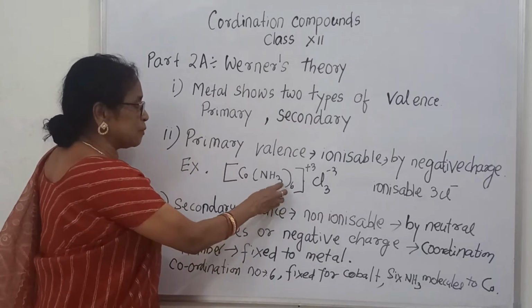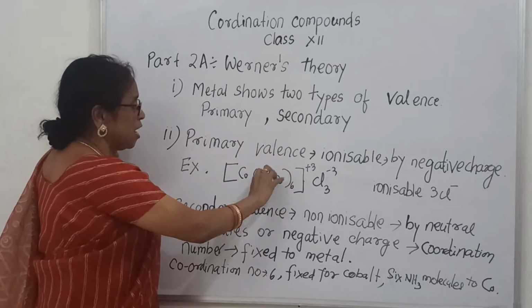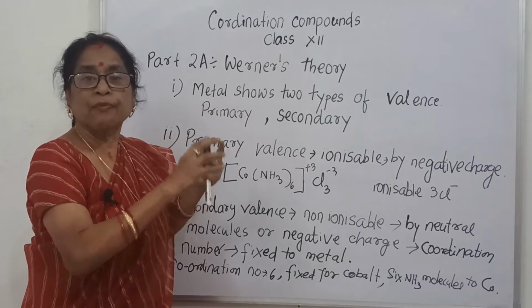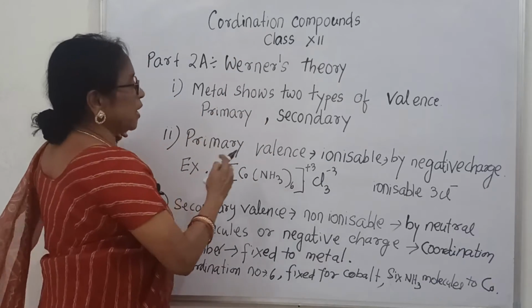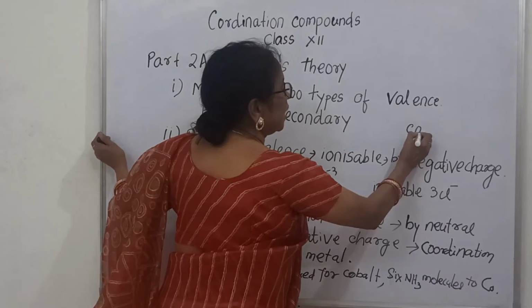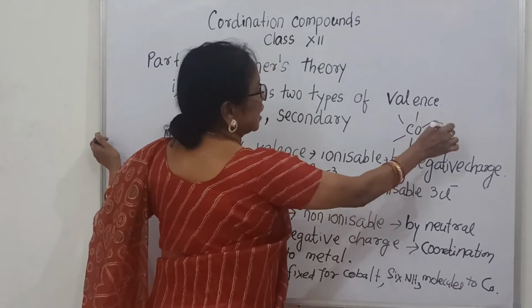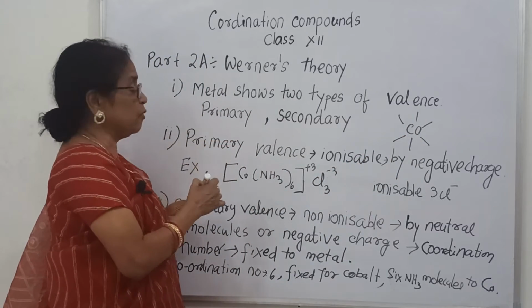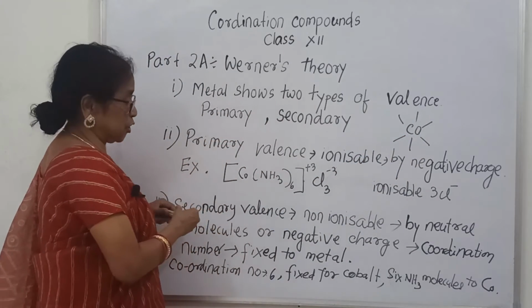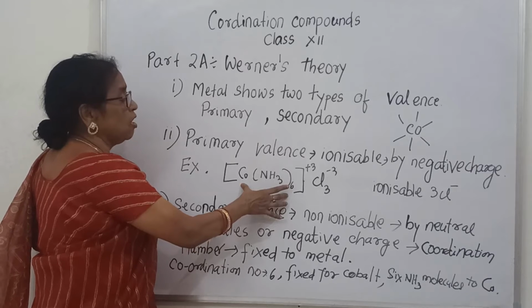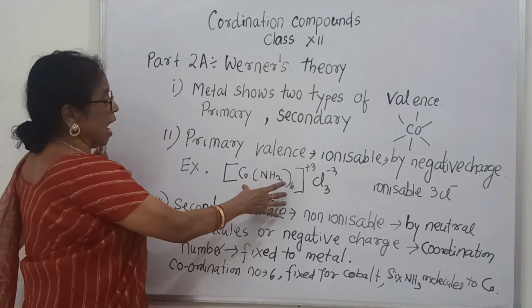Now NH3 means 6 ammonia molecules surrounded by the cobalt. Cobalt is in the middle. Here 1, 2, 3, 4, 5, 6, like this all the ammonia molecules are attached, and this area is called the complex ion.